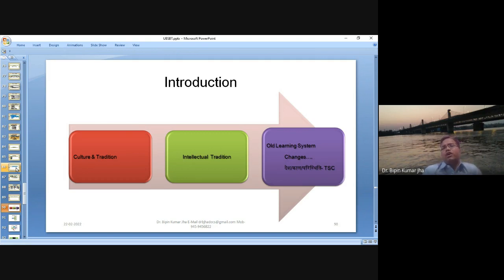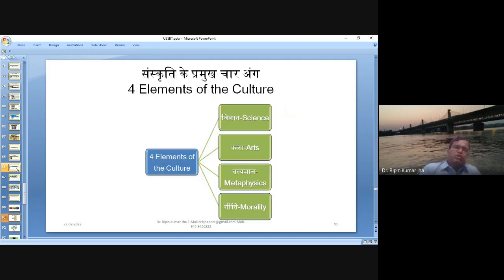And when you are talking about Sanskrit texts or Sanskrit literature or Buddhist literature, whatever is developed in this country, you need to understand the four elements of the country.